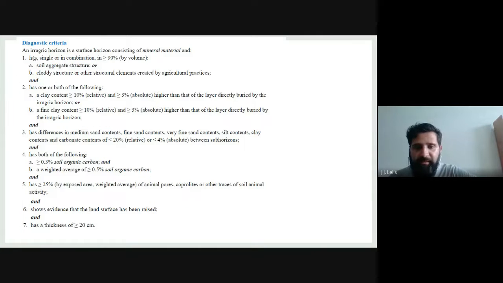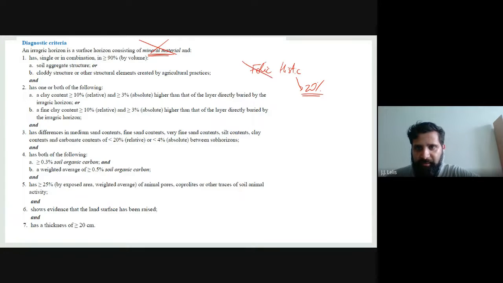It's quite easy to differentiate them from the Y horizon compared to the other ones, because again, the folic and the histic should present at least 20% of organic carbon, and this horizon couldn't present that because it's a mineral material.